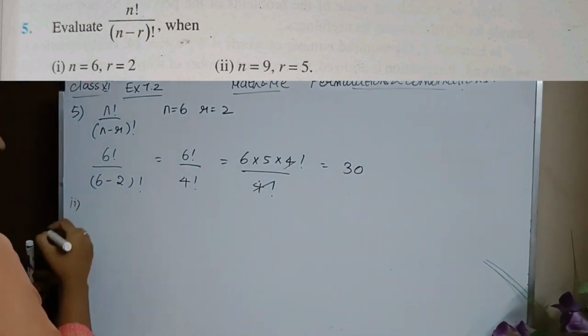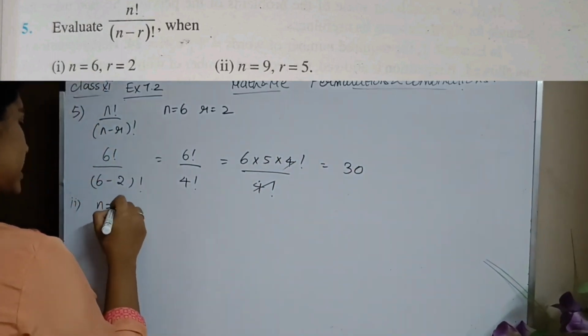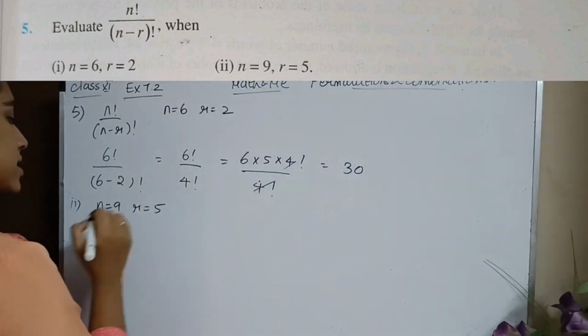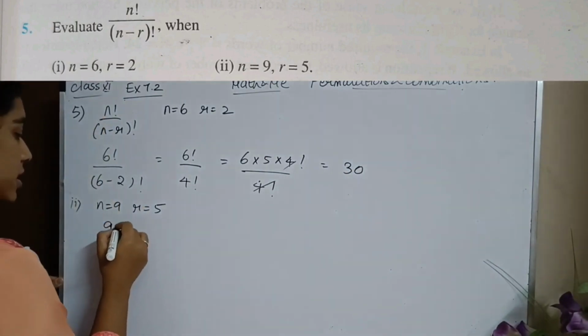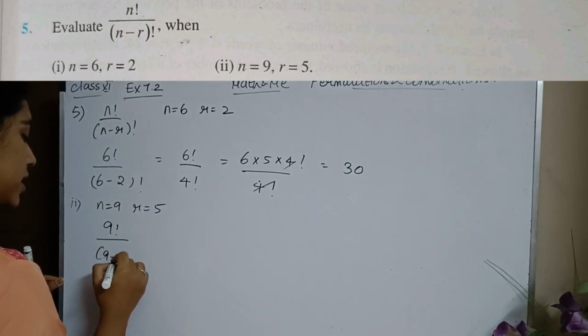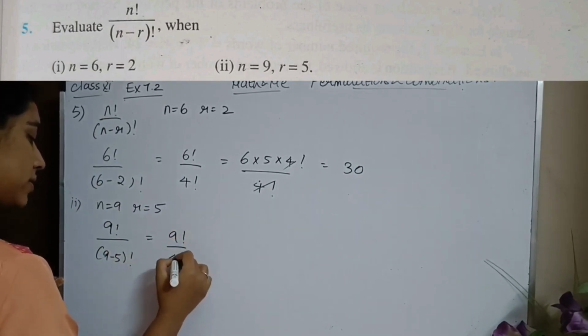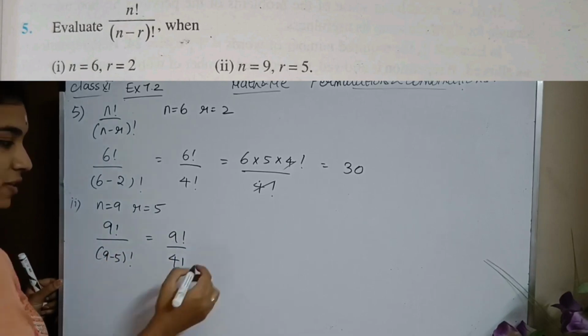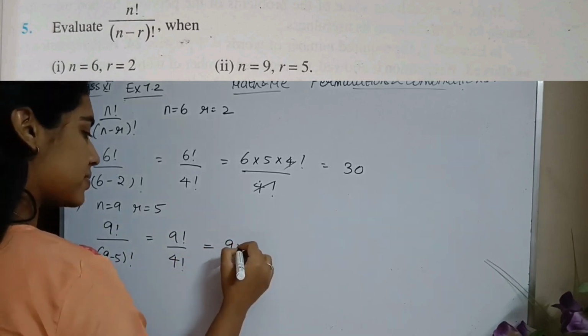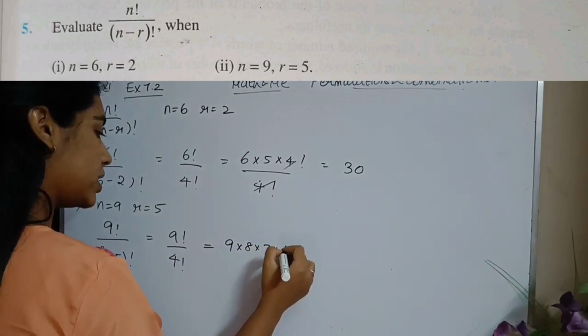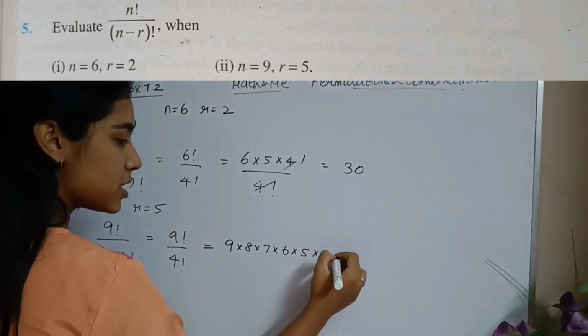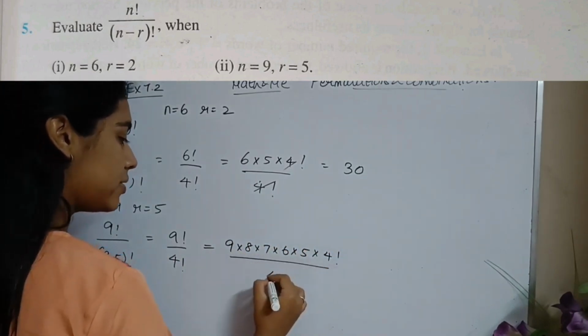Okay. Second subsection, n equals 9 and r equals 5. So again when I substitute, 9 factorial divided by 9 minus 5 the whole factorial. So this will be 9 factorial divided by 4 factorial, 9 minus 5 is 4. So I can write this as 9 into 8 into 7 into 6 into 5 times 4 factorial divided by 4 factorial.